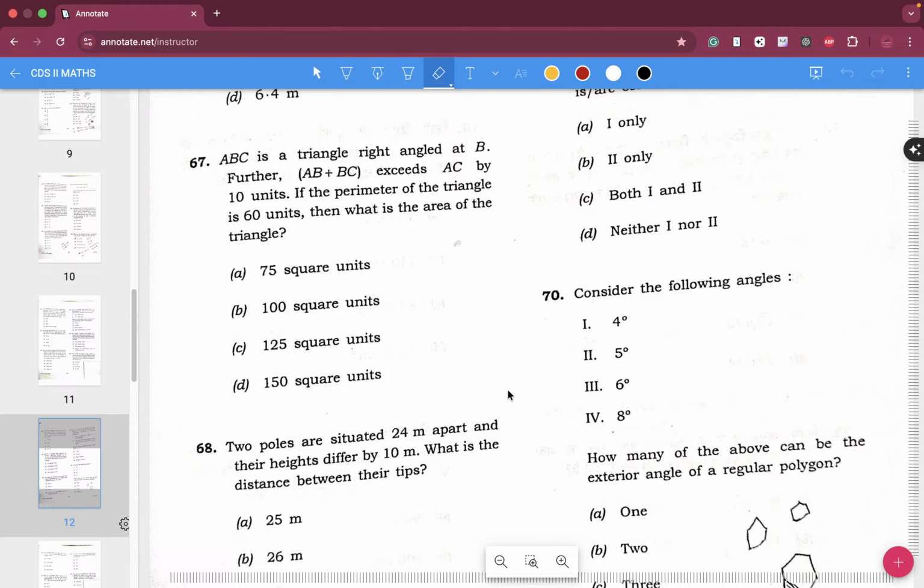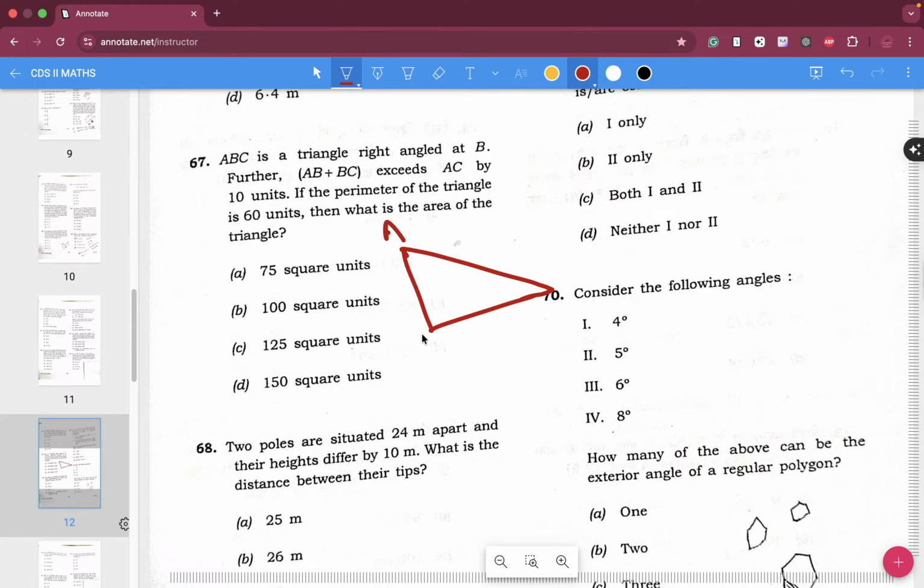How are you guys going to solve this? Tell me. So ABC is a triangle right angled at B. So this is your ABC.